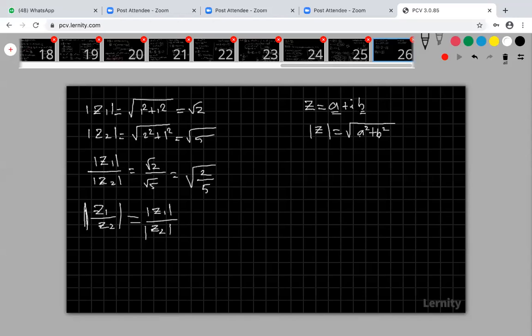This is my magnitude. Don't consider your I. See the definition of the magnitude in our previous class. We have discussed that. This is the definition of magnitude. Are you clear? How we are getting this formula also I have explained in our previous class.